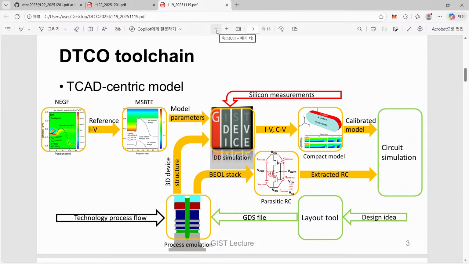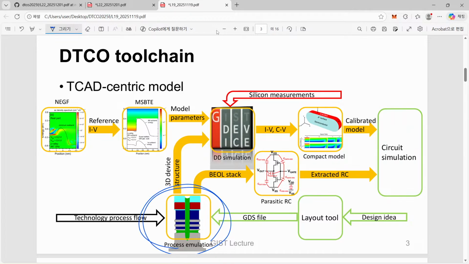In this case, you can find that we have already covered some things related with process simulation, and we have covered also device simulation. So if we wanted to cover the entire DTCO toolchain, then the next step will be, of course, this compact model.